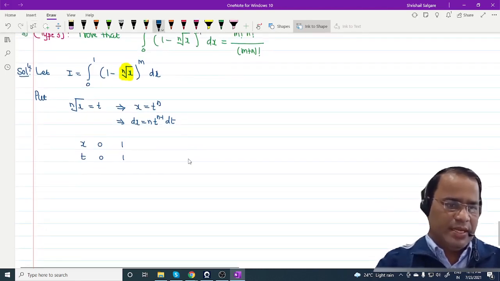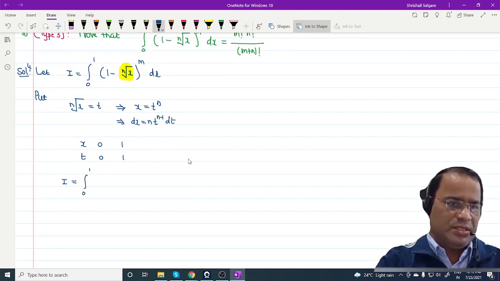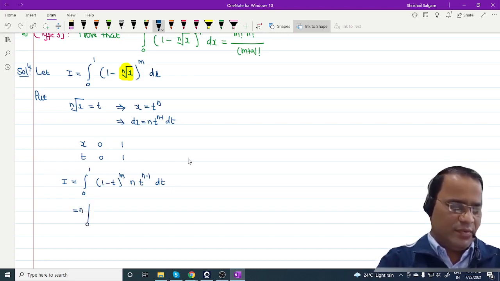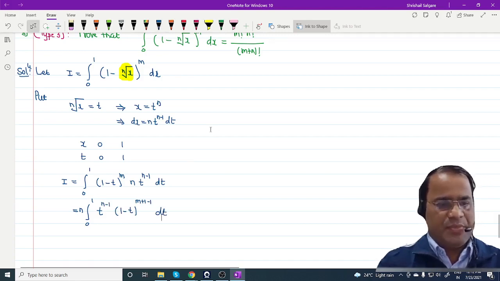Therefore that integral I becomes, with new limits 0 to 1, 1 minus t raised to m, dx given by n into t raised to n minus 1 dt. From this I will take n outside, limits from 0 to 1, t raised to n minus 1 into 1 minus t raised to m, and this I will write as m plus 1 minus 1 dt, and that defines a beta.